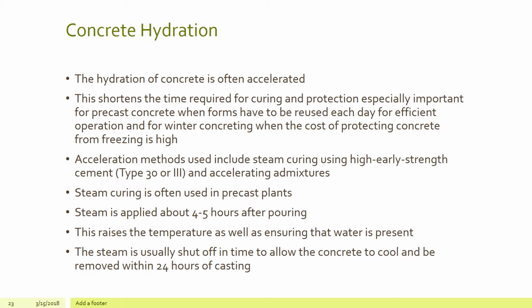And these are ways to accelerate the concrete curing process. When we get into precast plants, again, we have a controlled environment, forms are made or used, and then we pour these forms, and we may be making catch basins. You're constantly making them, so we have to break the form down, reuse it, and so on.